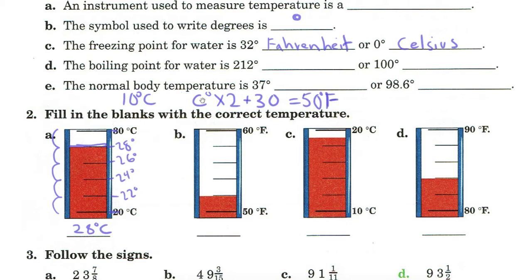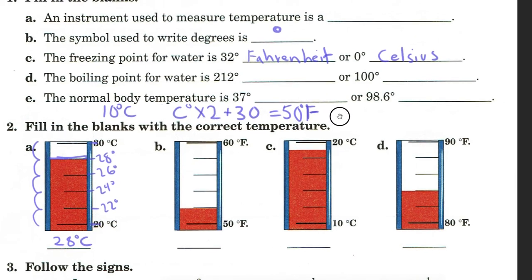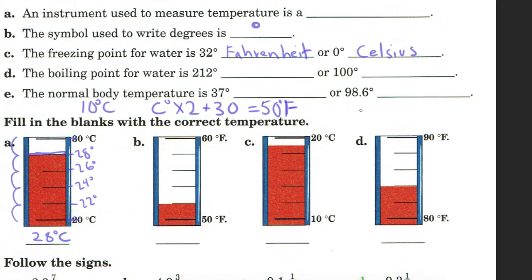That's just a simple trick I want to show you guys. So if you want to change from Fahrenheit to Celsius, you would do divided by 2 minus 30. So you do the opposite. Fahrenheit degrees divided by 2 minus 30 will give you the degrees in Celsius.